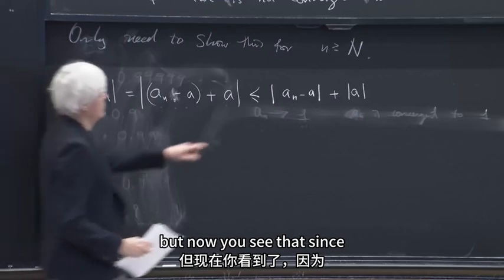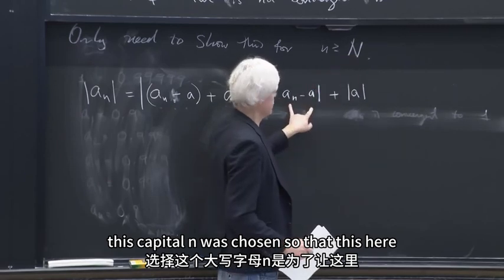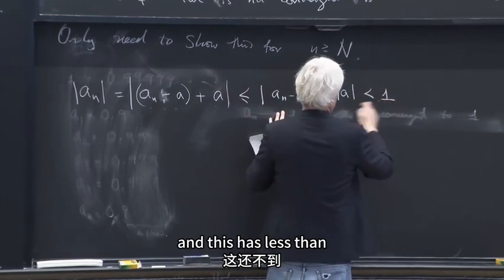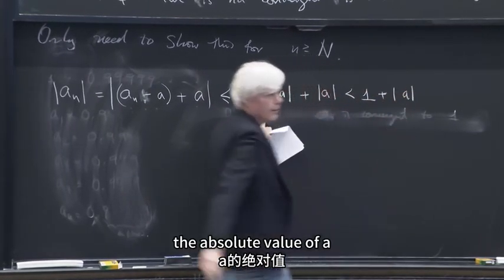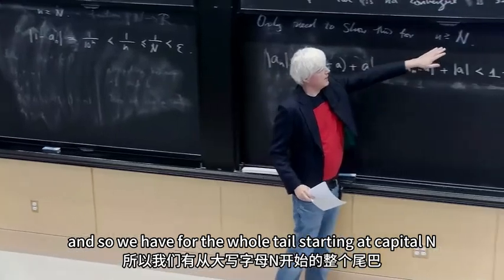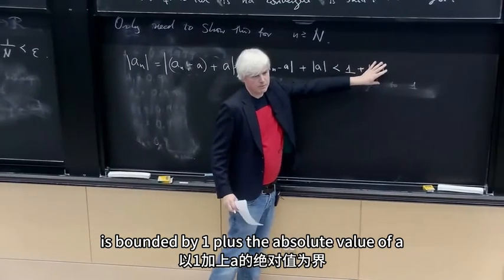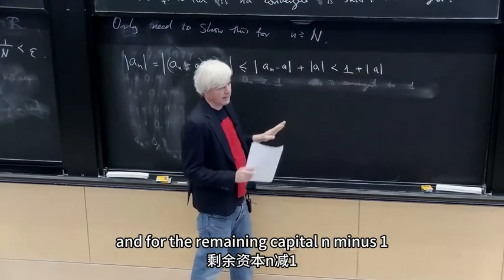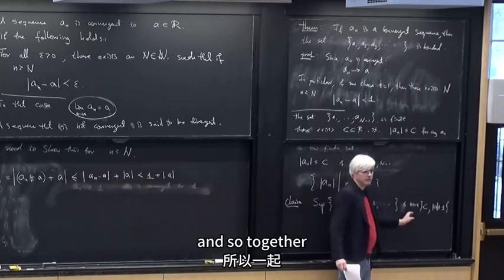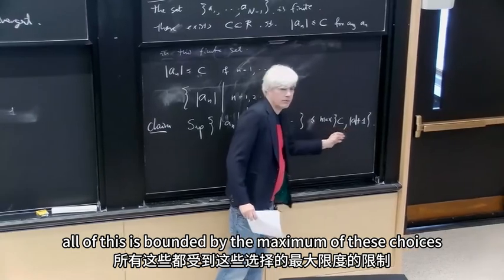But now you see that since little n is bigger than capital N, which was chosen so that this here was bounded by 1, this thing here is less than 1, and this here is less than the absolute value of A. And so for the whole tail, starting at capital N, this thing here is bounded by 1 plus the absolute value of A. And for the remaining capital N minus 1, those are bounded by C. And so together, all of this is bounded by the maximum of these two things.